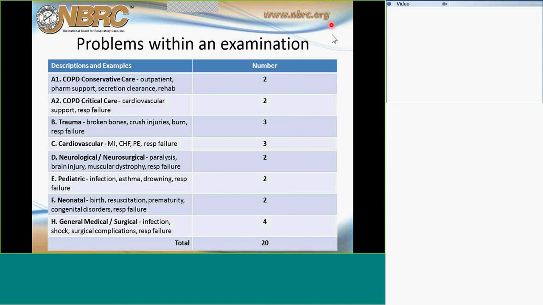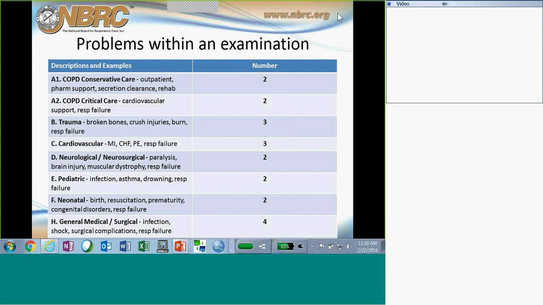Within this slide, we have effectively the specifications for each form of the NBRC's simulation examination. And so you can see that the intent here is to represent the kinds of patients that a therapist would see, again, on a day-to-day basis.